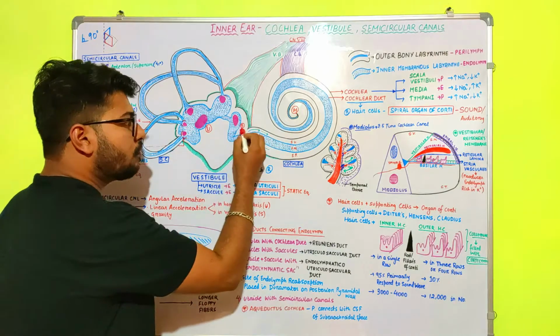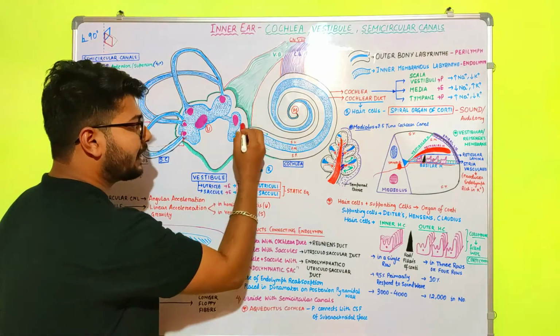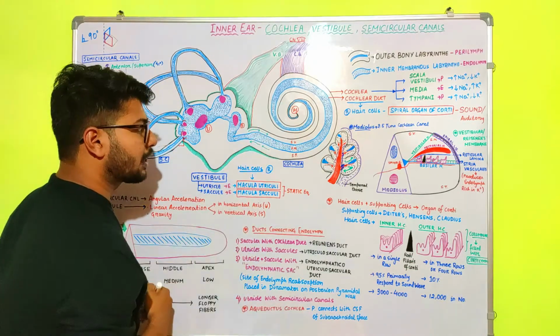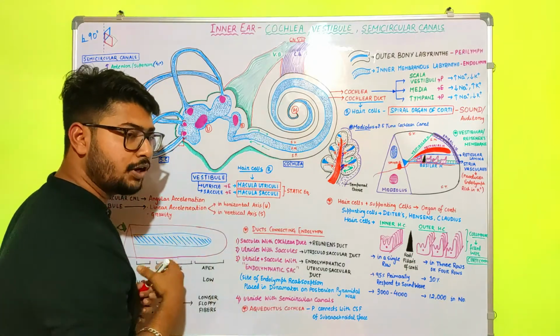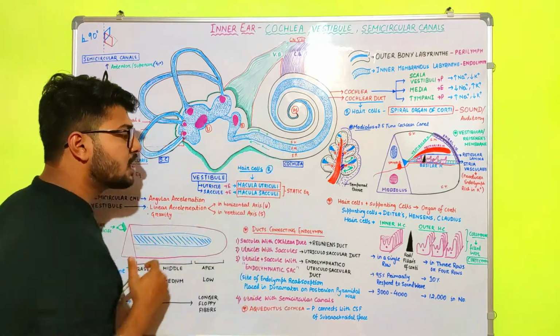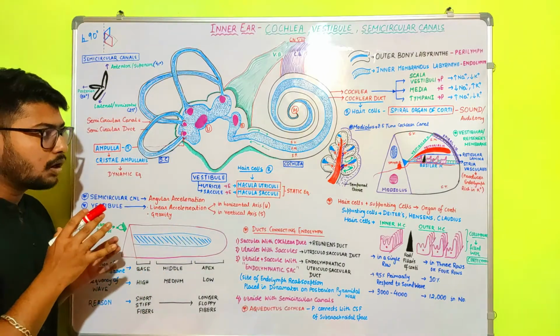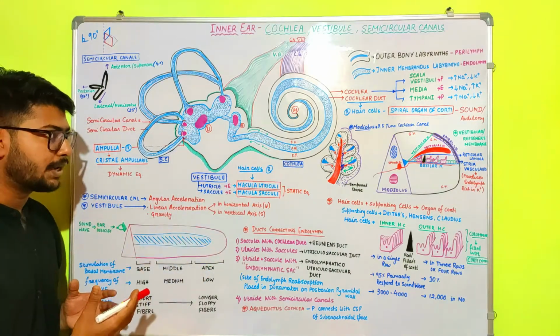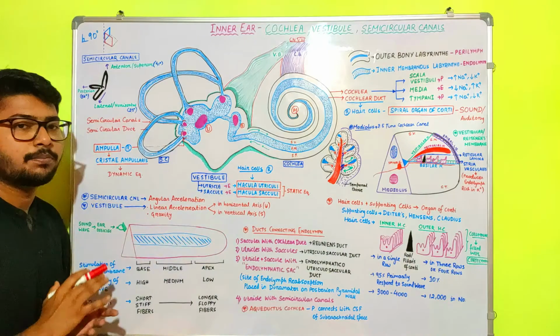The oval window opens at the perilymph of the scala vestibuli of the cochlea, and the round window opens at the scala tympani of the cochlea. I am going to explain what the scala vestibuli and scala tympani are in the cochlear part.